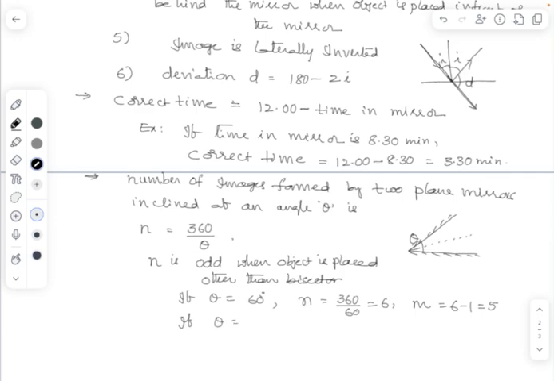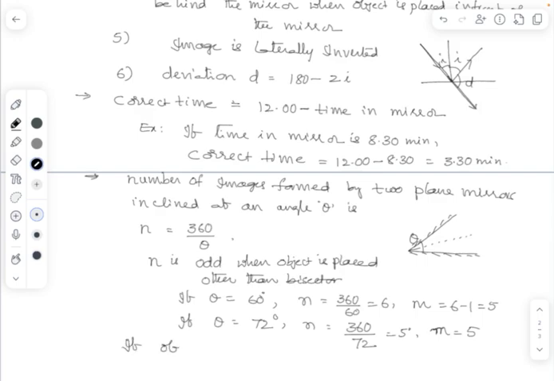If theta equal to 72 degrees, n equal to 360 by 72 equal to 5, m equal to 5. Number of images formed is always an odd number.